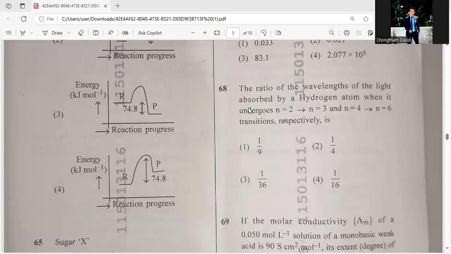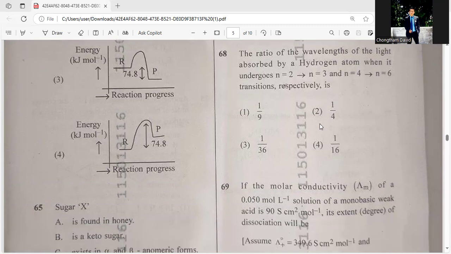The ratio of wavelength of the light absorbed by a hydrogen atom when it undergoes n equal to 2, n equal to 3, n equals to 4, n equals to 6 transition respectively. So question number 68.